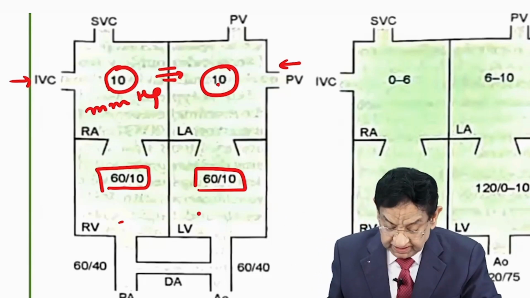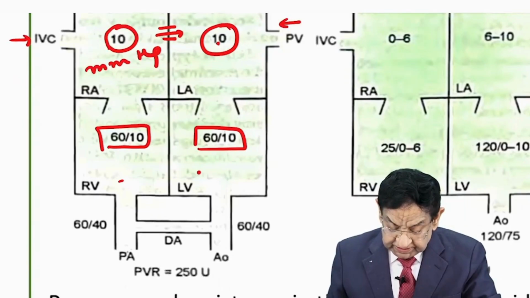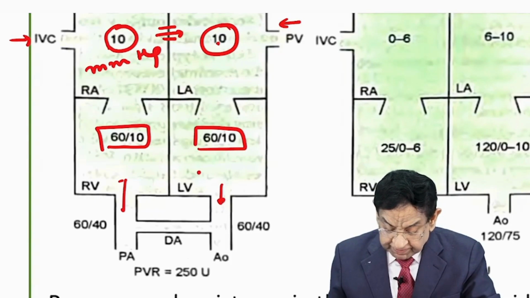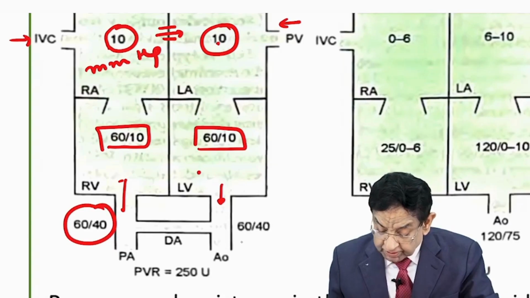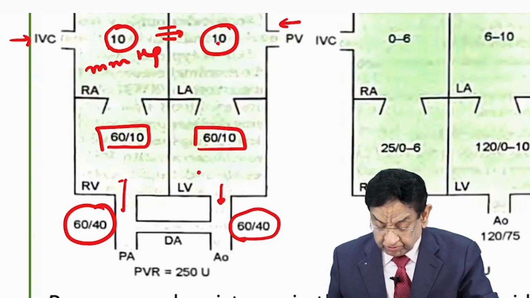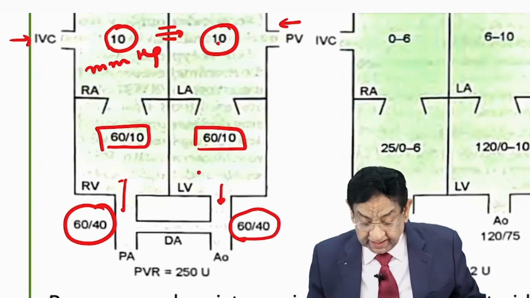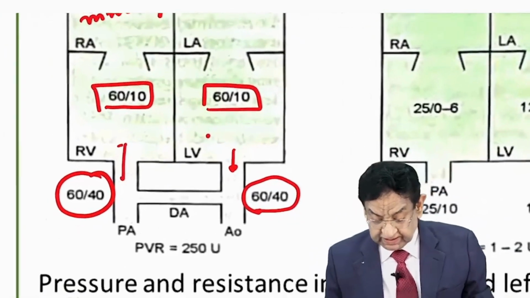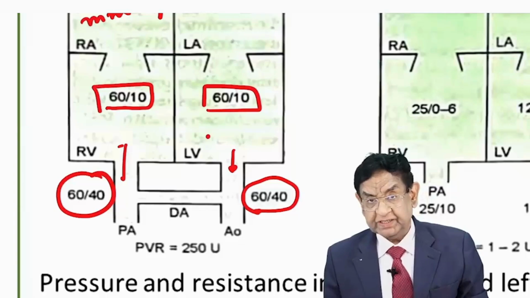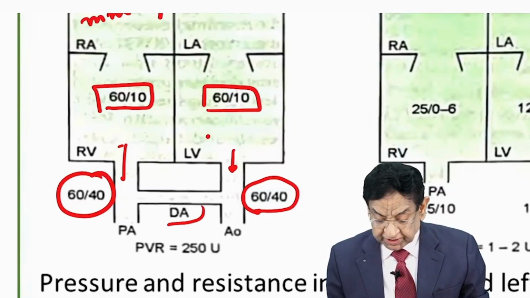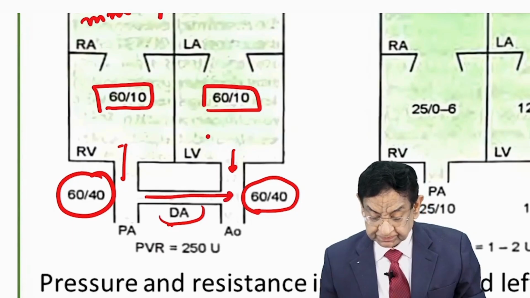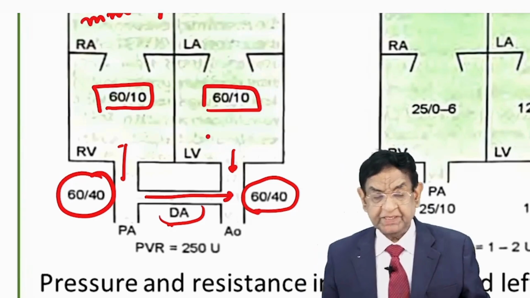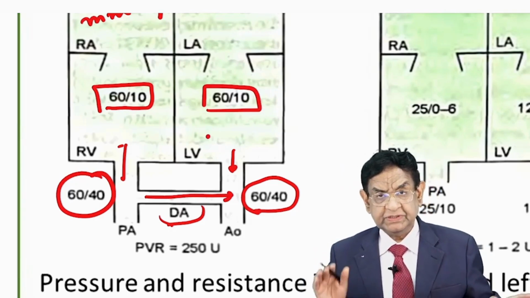Let us see. Then we have the pulmonary artery, and this is the aorta. The pressure in the pulmonary artery is 60 by 40, and the aorta is 60 by 40. And we also know that they are united to each other via ductus arteriosus, and we also know that blood flows like this, but the pressure is the same.